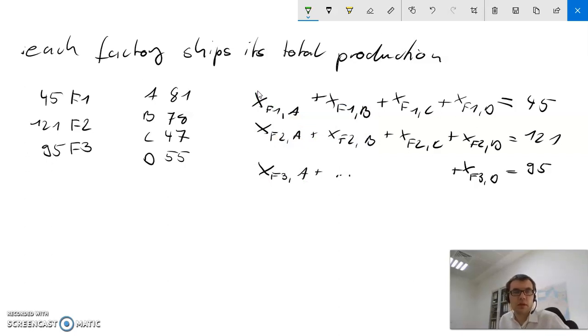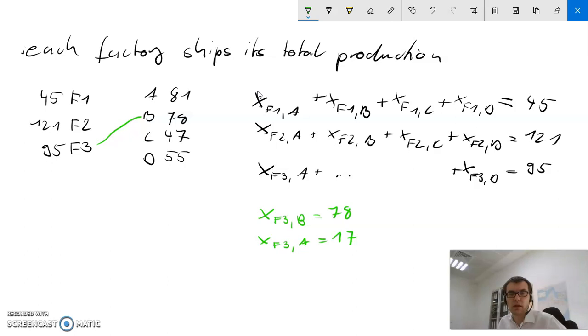So let's assume we ship from F3 78 cases to B, then our decision variable F3 to B could have the value of 78, and then what is left in factory 3 is 17 units. So let's say the remaining units from F3 are shipped to A, 17 units.